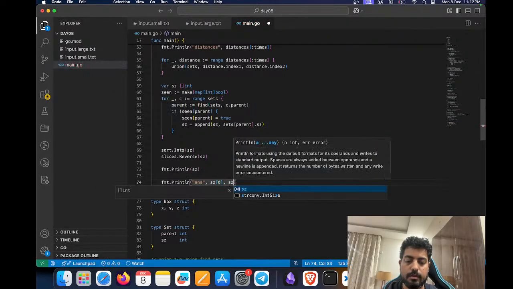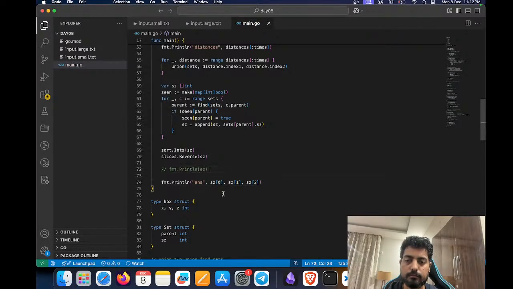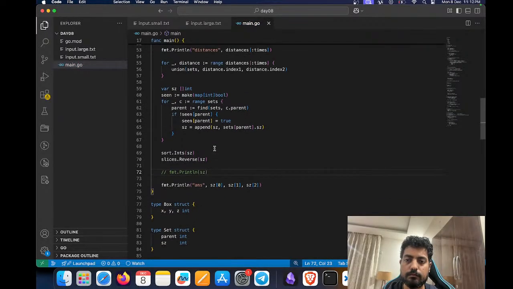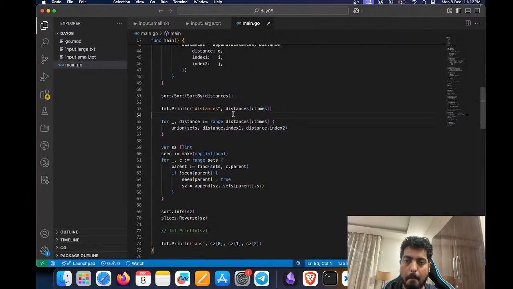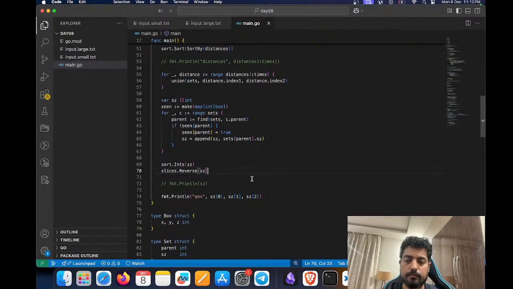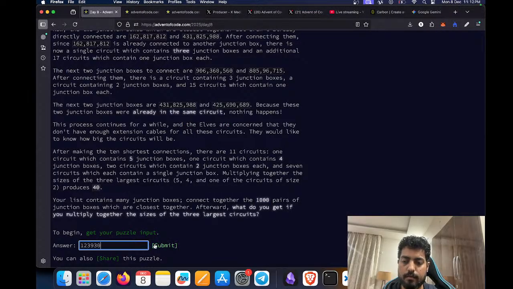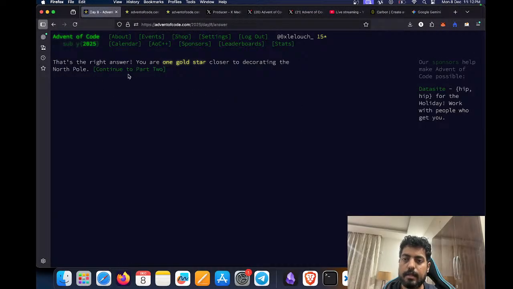Size 0, size 1, size 2. I can also comment this out. So it is 123930. And this is the correct answer.